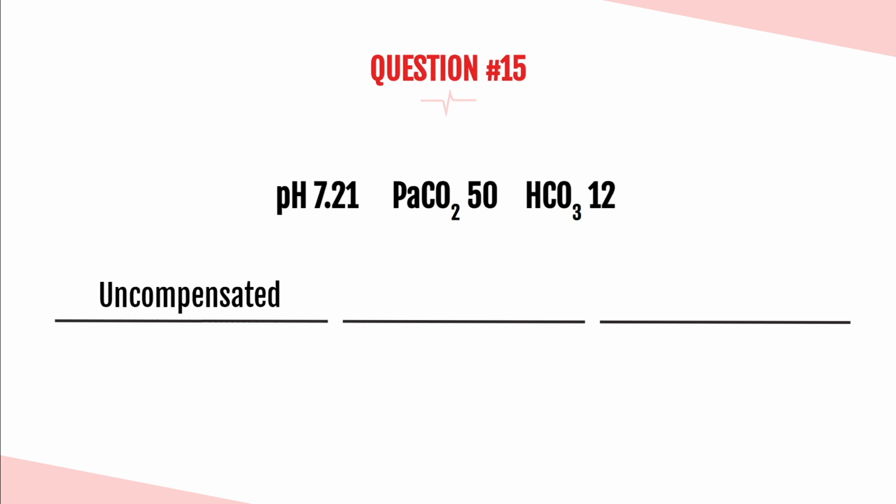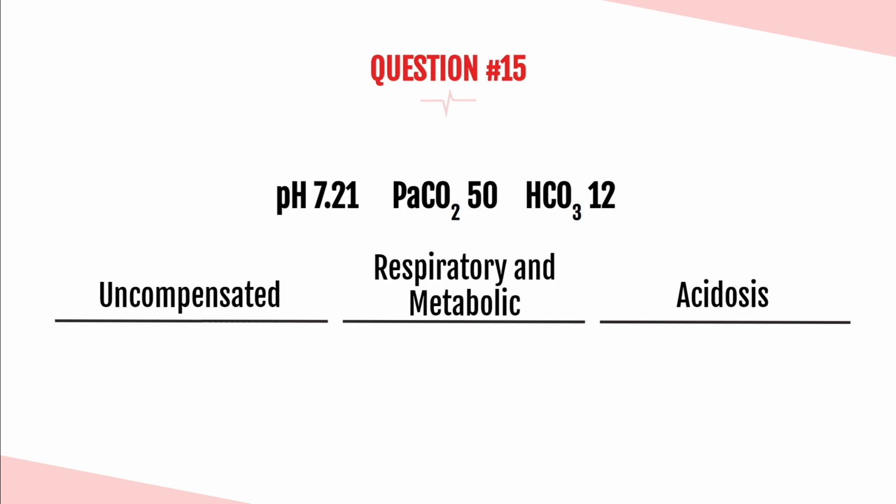That pH is low, so we are looking at acidosis. And what is trending with that acidosis? Well, the CO2 is 50, so that's acidic. But also the bicarb is 12, which is also acidic. So what we actually have here is a combined respiratory and metabolic acidosis.